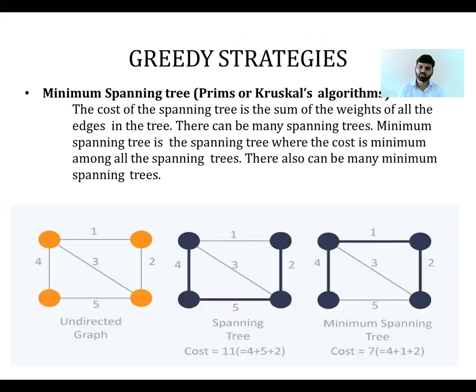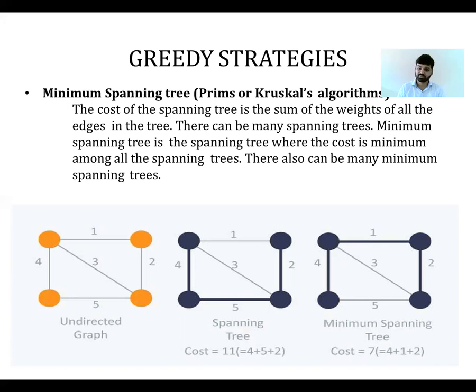Before starting to study Kruskal's algorithm we have to define what is minimum spanning tree. The cost of spanning tree is the sum of weights. We have to perform summation of weights, that is the cost of your spanning tree.